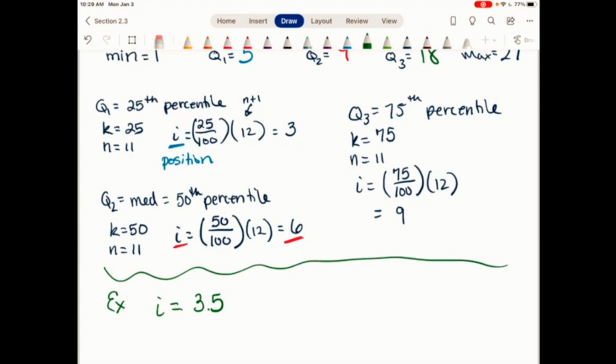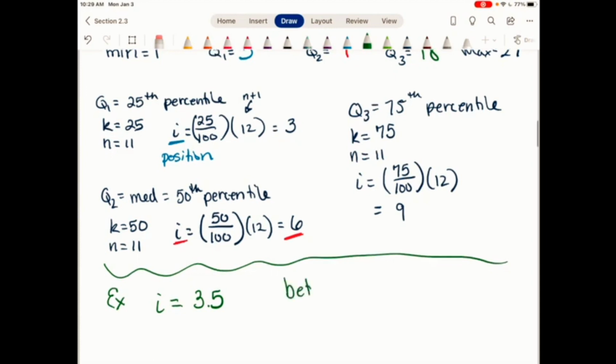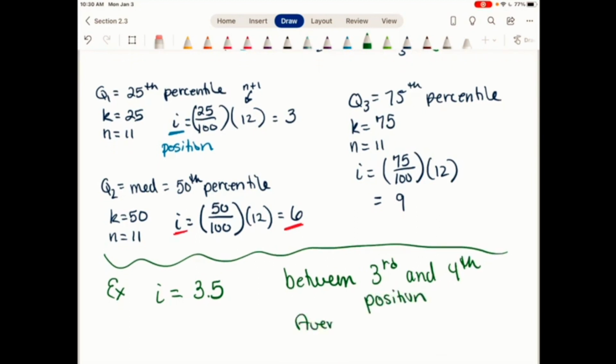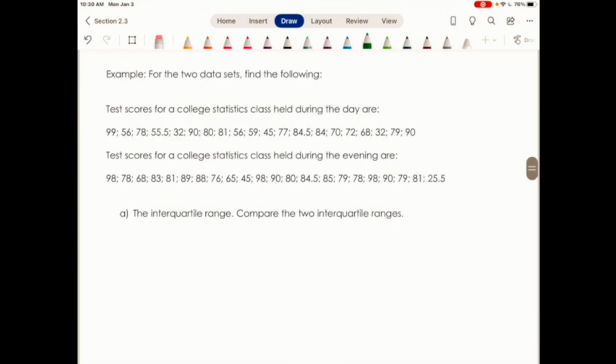Then that means that 3.5 is between the third and the fourth position. And if that happens, you take the average of the third and the fourth position. Whatever those values are in those positions, you find the average, and that will be the percentile that you're looking for.